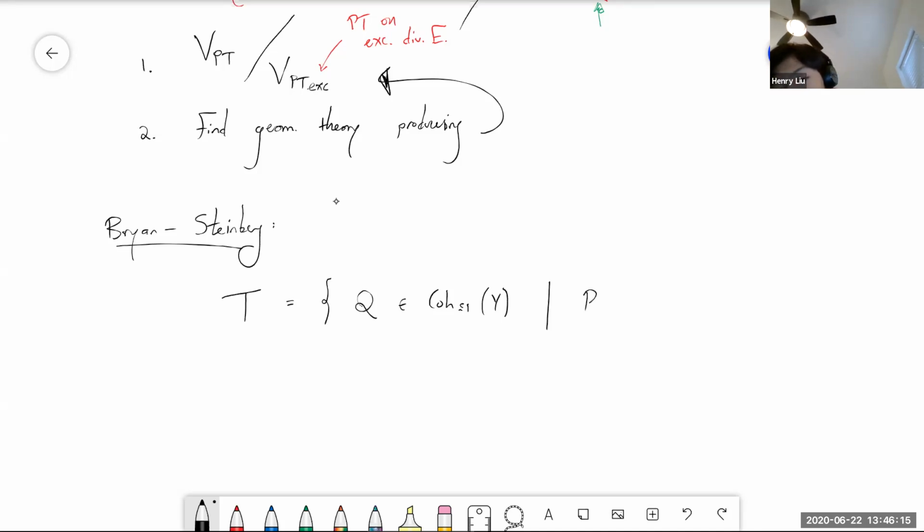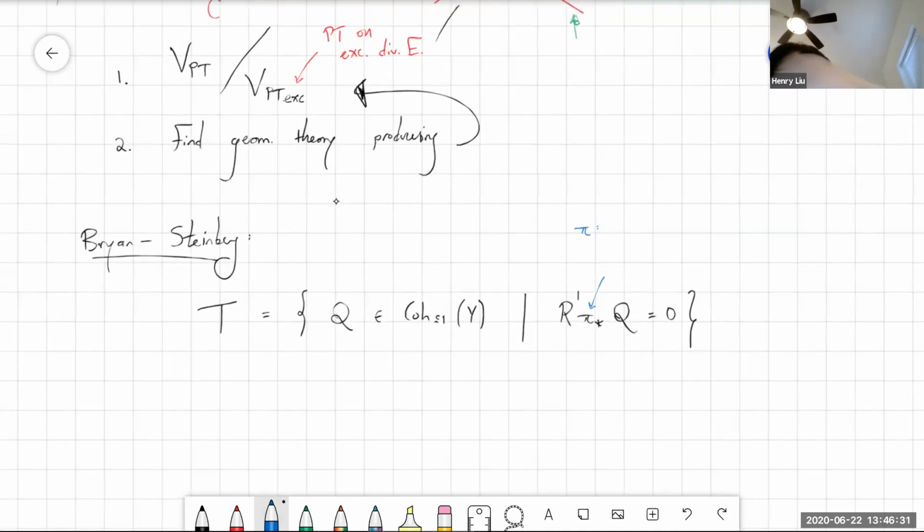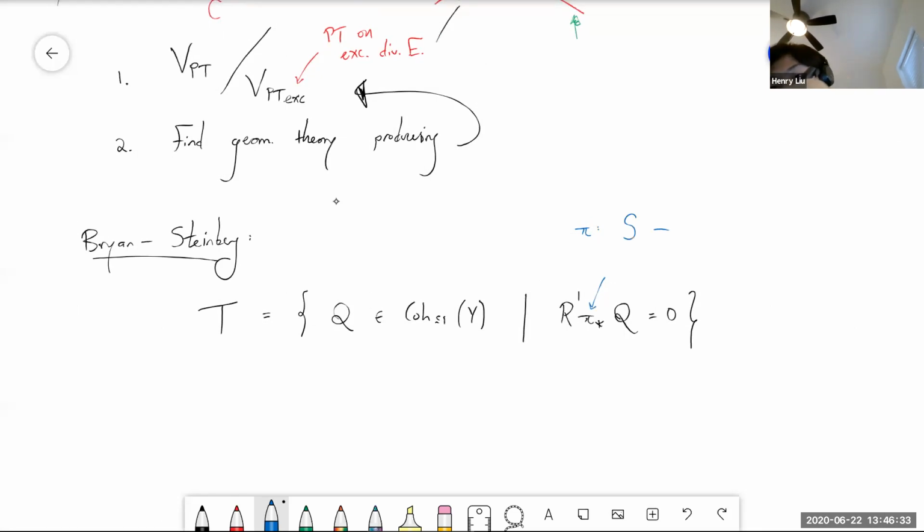So you don't actually want H1. You want their H1 back. I should say this pi here is the resolution from your ADE surface to the underlying singular space.